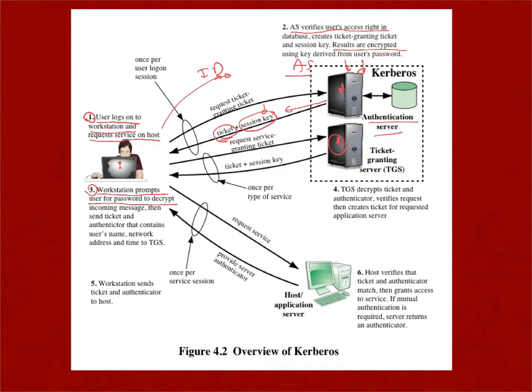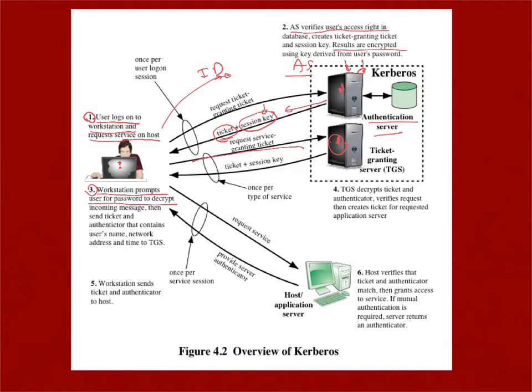So in phase two, assuming that you are able to open the message and know what's inside, you got the key and you got the ticket. Then you can send to the ticket granting server a request which contains the ticket, and everything is encrypted using the shared key that you have achieved from the first stage.